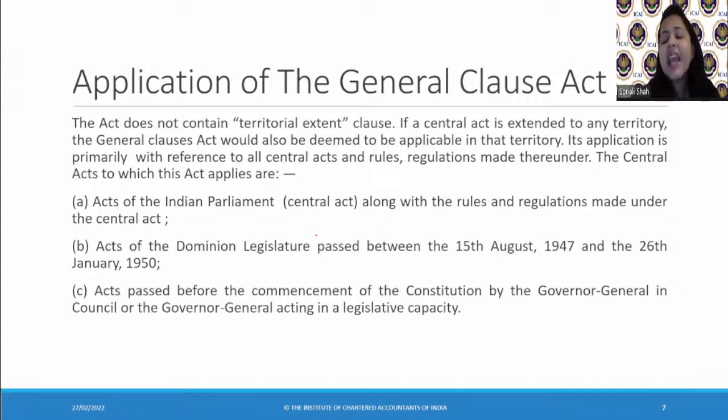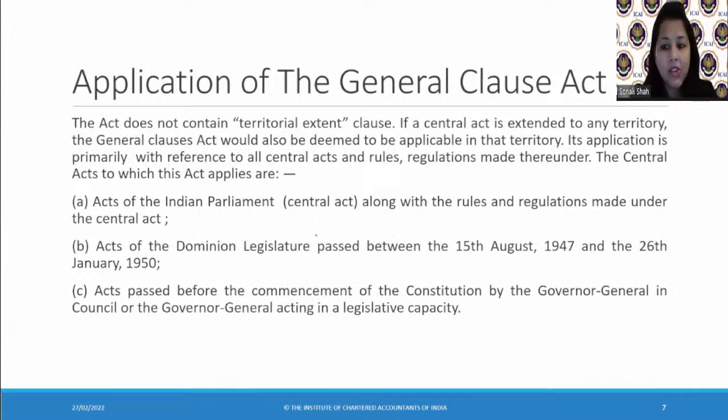But this GC Act does not have a territorial extent clause. It does not define the territories to which it is applicable, but it definitely lays down to which central acts and regulations it will be applicable. So the General Clauses Act is applicable to all the central acts.